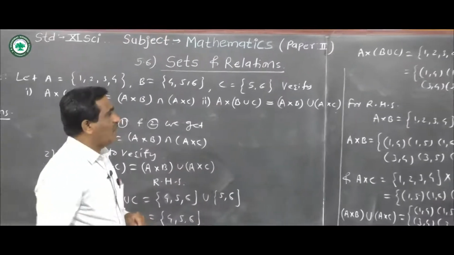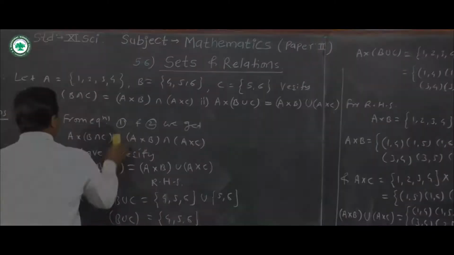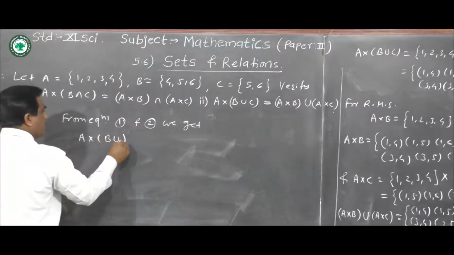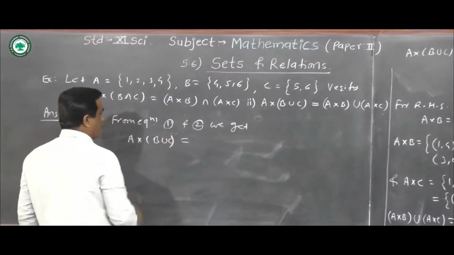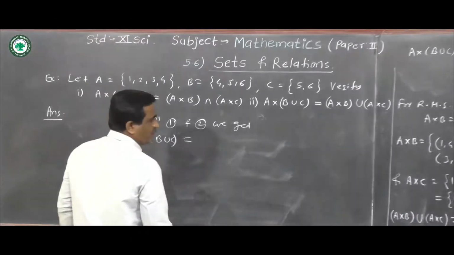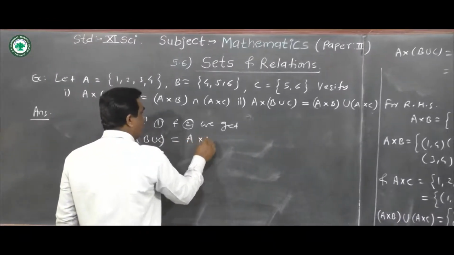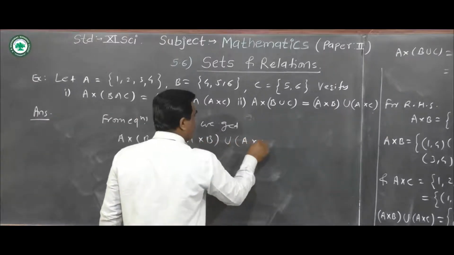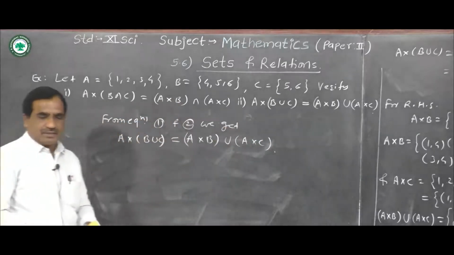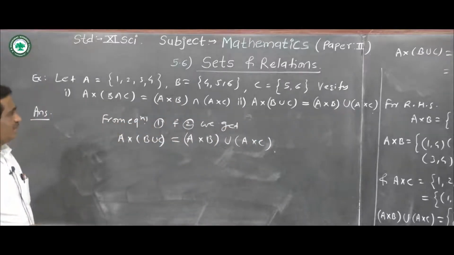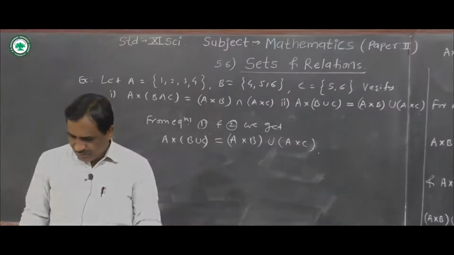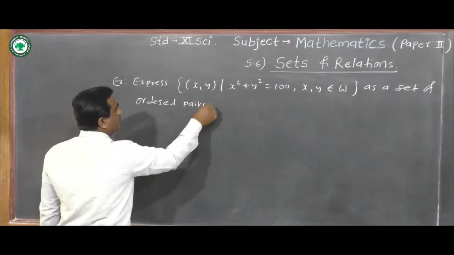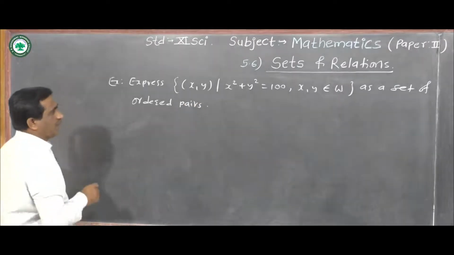Then we can write from equation first and second, A cross (B union C) is equal to (A cross B) union (A cross C). That is, second result is also verified here. Okay, now we see next example, ordered pairs. Okay, now we see answer for this example.